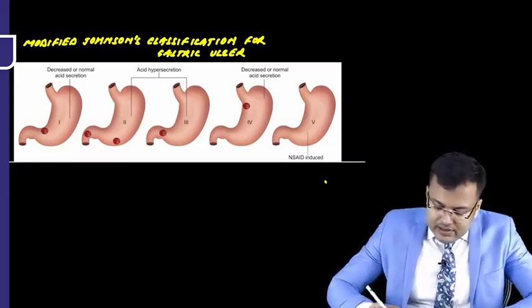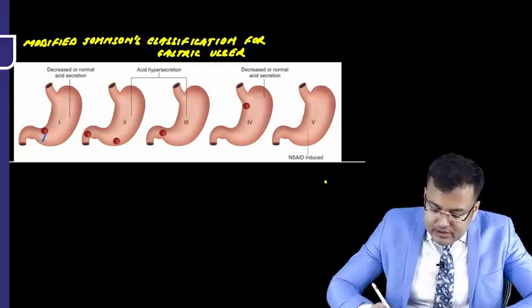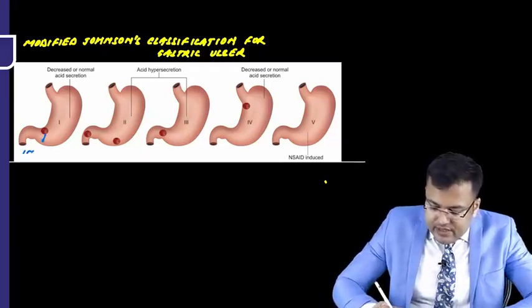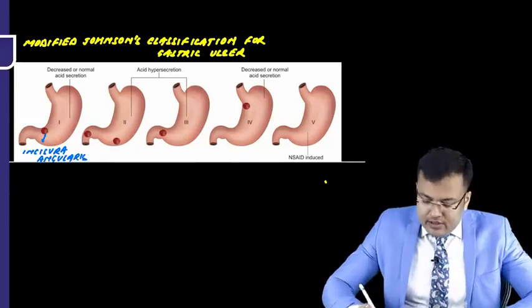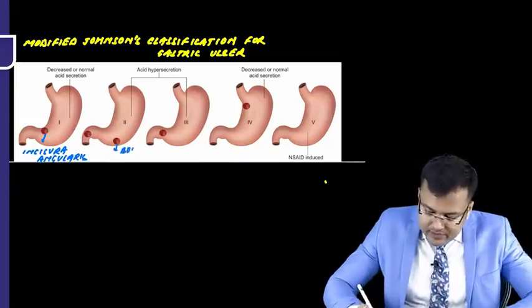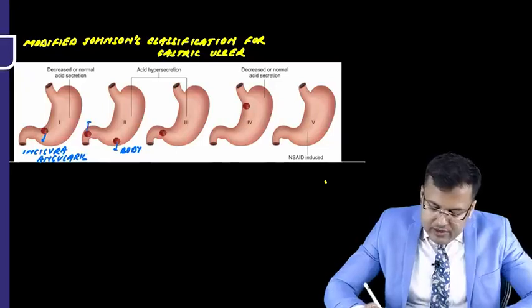In type 1, there is ulcer at incisura angularis. So here you can see the ulcer is located at incisura angularis. In type 2, there are two ulcers. You can see here, one in body and one in first part of duodenum.